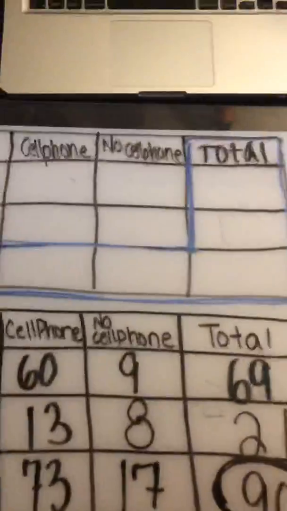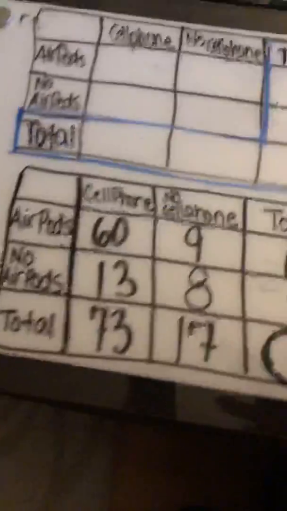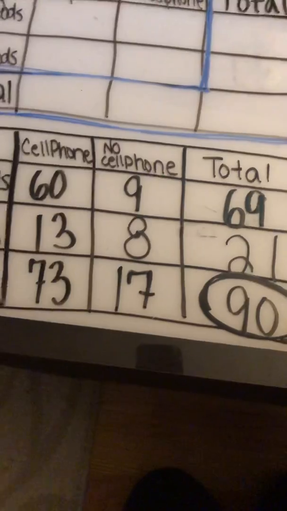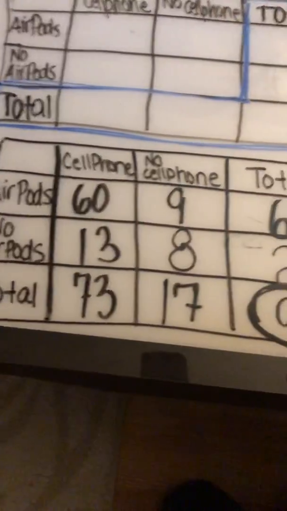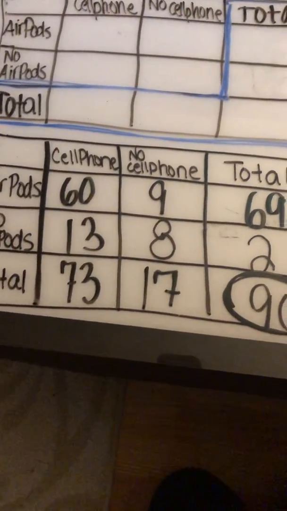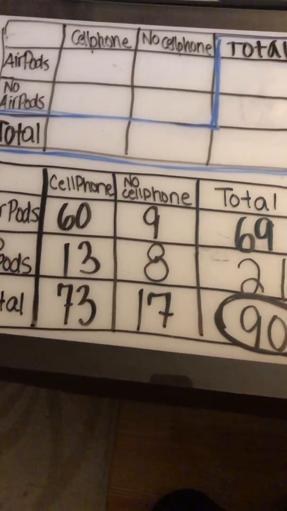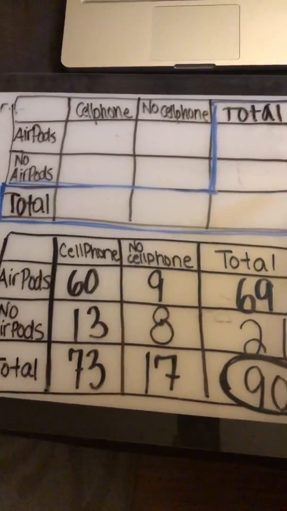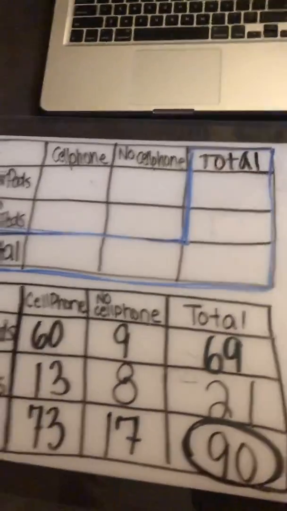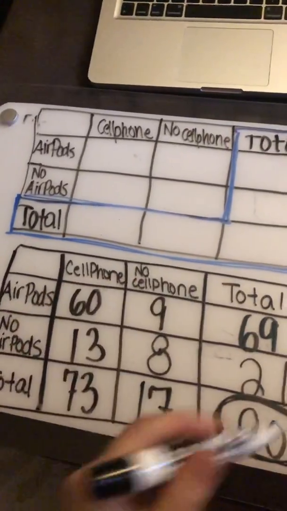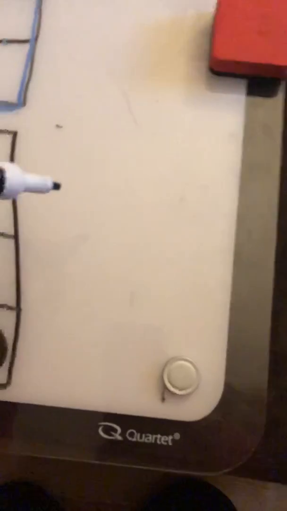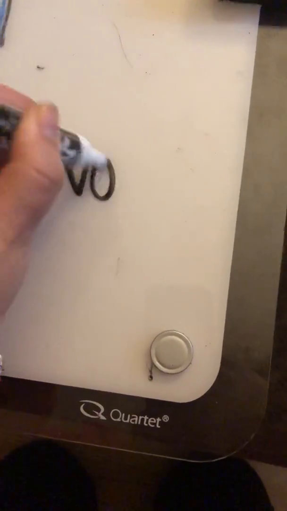Okay, so here is your two-way table filled in. You're going to be asked to do that a couple of times in this lesson with some other information, maybe about different categories going on in the situation. This is going to be our relative frequency table that represents this two-way table. So this is your two-way table.